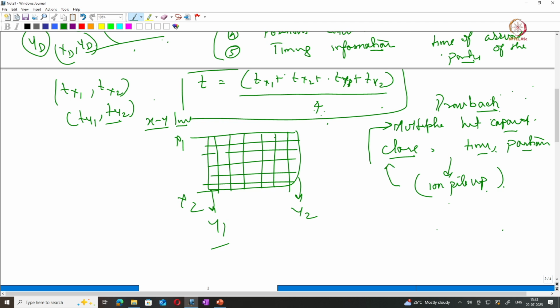It can also be said as: if more than one ion hit is detected during a single pulse. So this is one of the drawbacks of the DLD detectors.